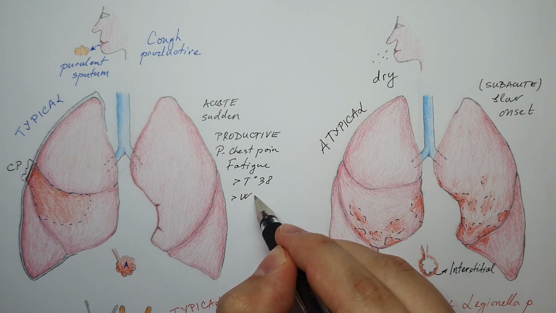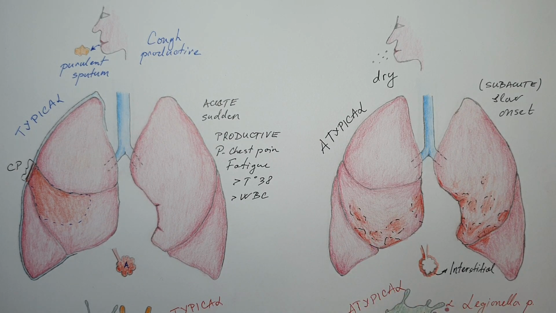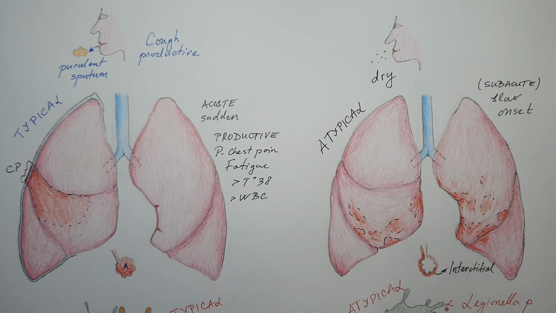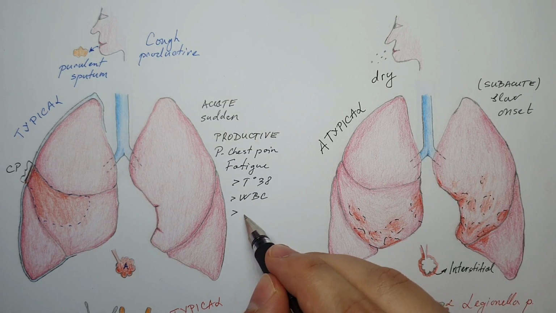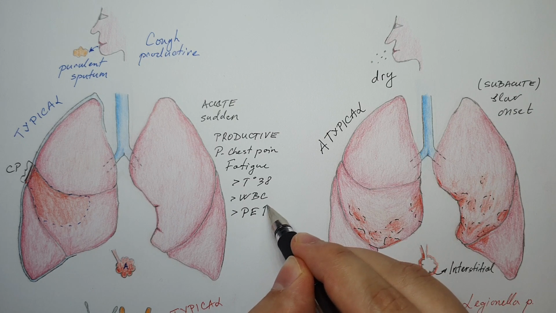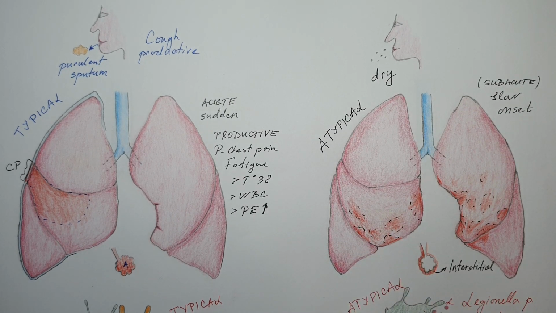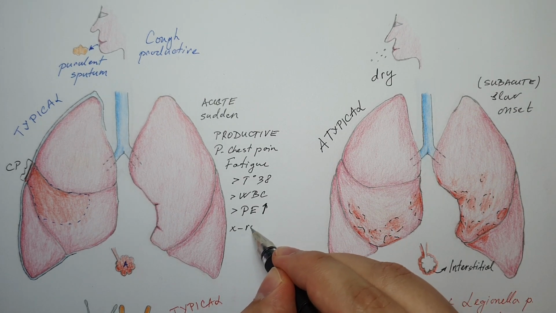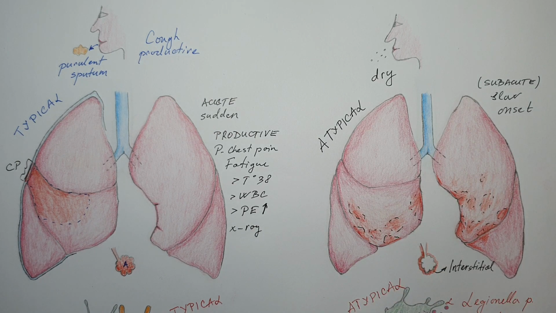It is common to have a higher white blood cell count, and physical exam findings, we will have many of those. And on X-ray, we will see this localized pattern, mostly unilateral.